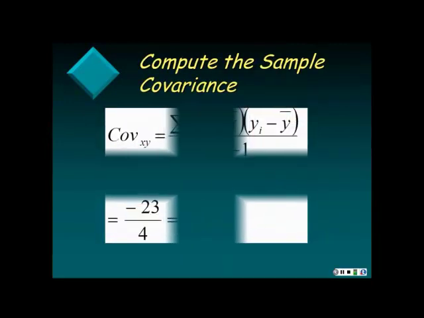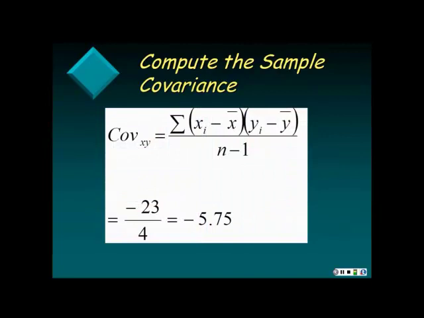So the sample covariance, the COV xy, is equal to the sum of those cross products divided by n minus 1. So that minus 23 divided by 4, there were 5 values there. It's minus 5.75.